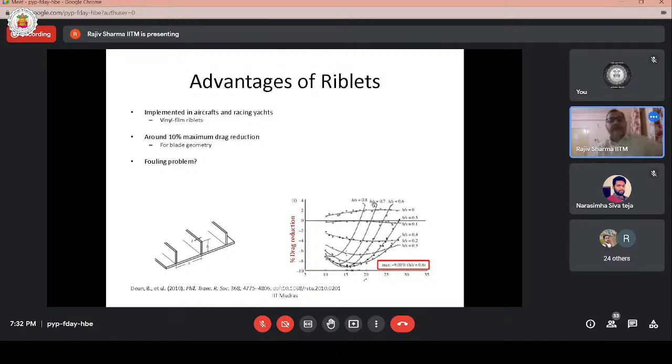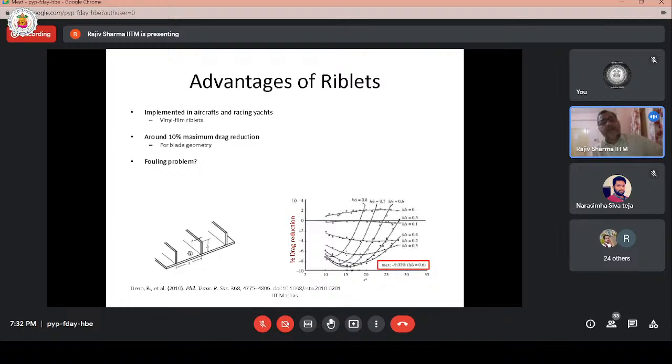Different H by S ratios and all that. So this particular graph can be explored by people who have further interest in this area. And you can see that the H by S plays an important role. Similarly, thickness also plays an important role.